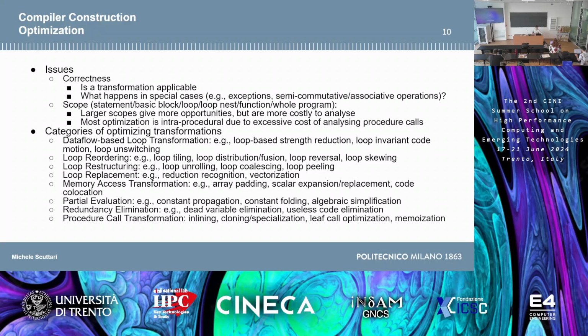So you have the sum operation. This operation is supposed to be commutative and associative, but actually this is true in arithmetic, not in floating point arithmetic, where the commutativity and associativity of operations are not fully supported. These operations are considered semi-associative and semi-commutative.